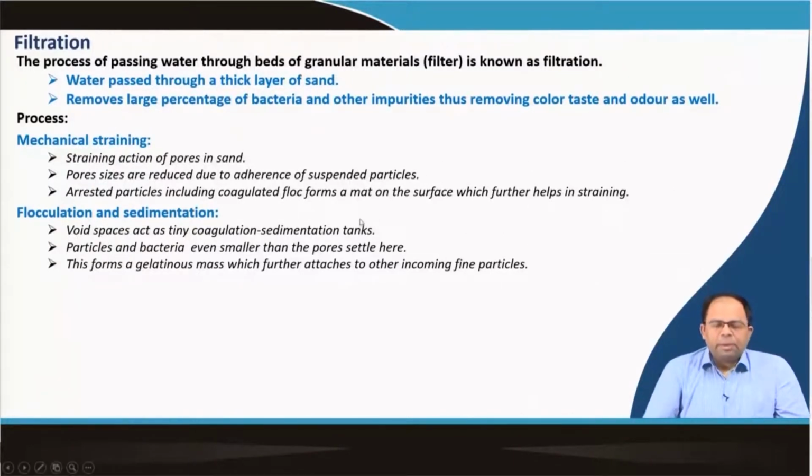So, particles and bacteria which are even smaller than the pores, which can pass through the pores, come to these sedimentation tanks, and usually they are acted upon because they form a gelatinous mass, which further attaches to the incoming fine particles. So, they are able to retain other particles which are even smaller in size and able to pass through the pores, because we are creating this sort of coagulant sedimentation tanks inside the pores in the sand itself.